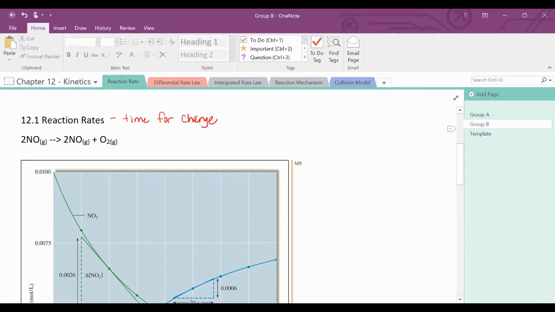So there are some things that maybe we can visually see that tells us that a change has occurred. So you may remember from first year chem, color changes. So you could time how long it takes for a color to appear or maybe a color to disappear, which would be our food coloring with our bleach.